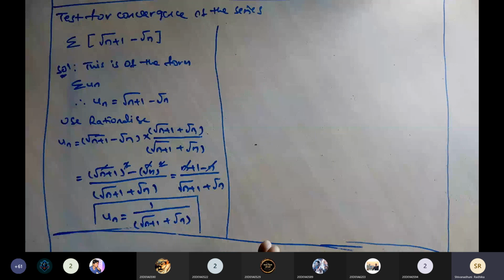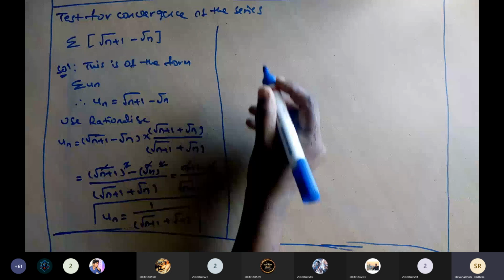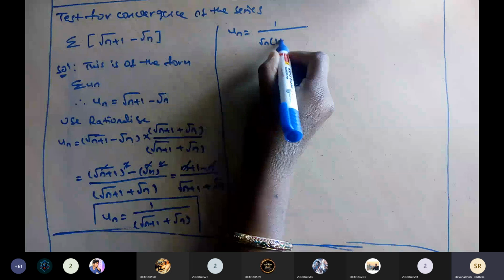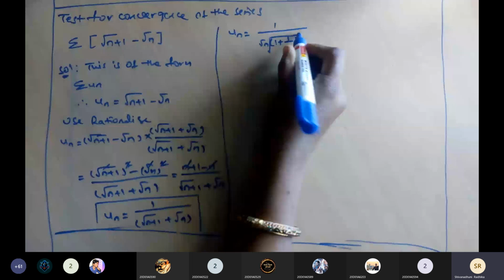In the denominator we have n terms, and the highest power of n is 1 by 2, here also 1 by 2. So un equals 1 by, in this I take n common, so that is root n times root of 1 plus 1 by n. Any doubts?